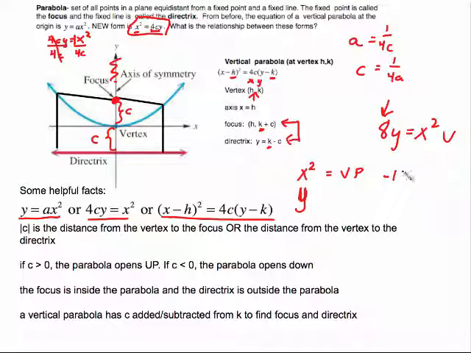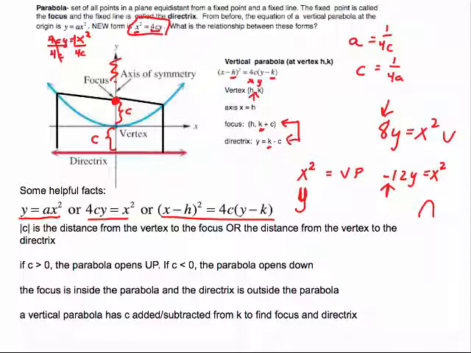But if you had negative 12y equals x squared, that's a negative number, and that's going to be upside down. Also, the focus is inside the parabola, and the directrix is outside the parabola. And I mentioned this already, a vertical parabola has c added or subtracted from k to find the focus and directrix. To find the focus, you add, k plus c. To find the directrix, you subtract.